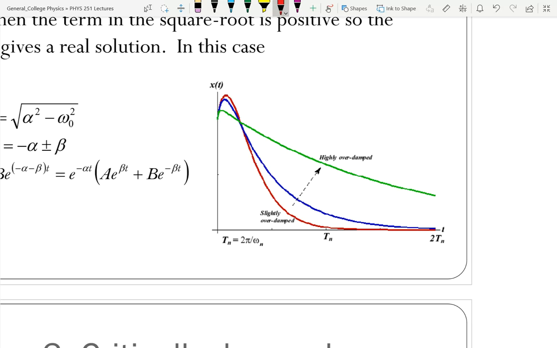Now, if it's overdamped, it's not going to cross the 0 point, right? It doesn't have any oscillation ability. It might go up because if you start it that way and then come back down, but it very slowly gets to equilibrium. Overdamped is going to take a long time to get to equilibrium. So if I have this door overdamped, I push it open and let go, and it's going to really slowly close.